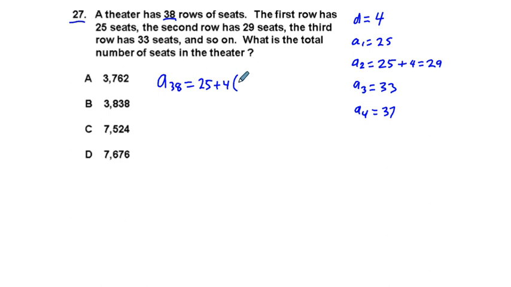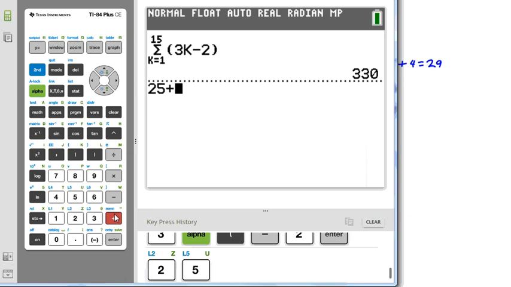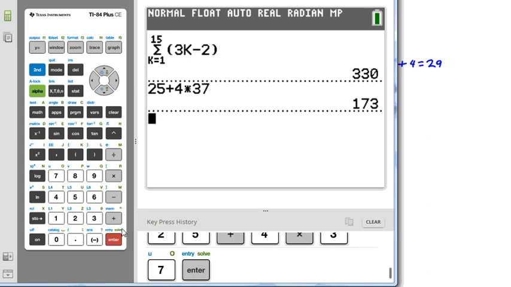Well, n is 38, so we multiply by 37. So we can go to our calculator. 25 plus 4 times 37, we get 173 seats.